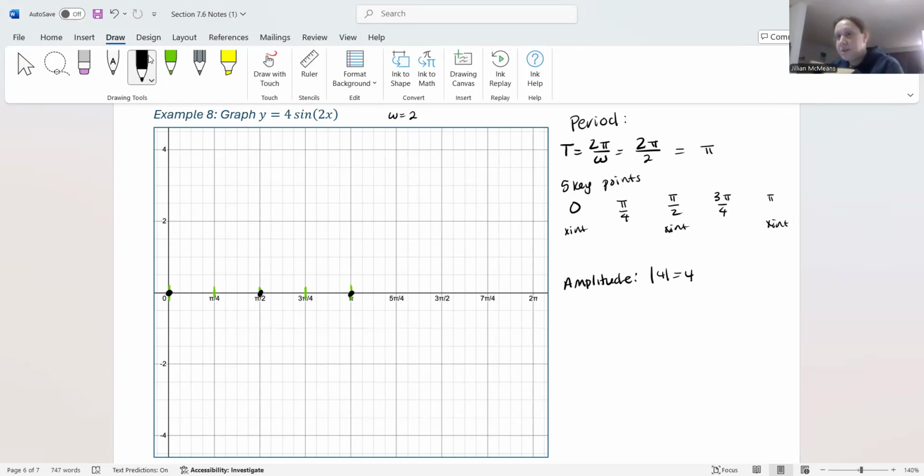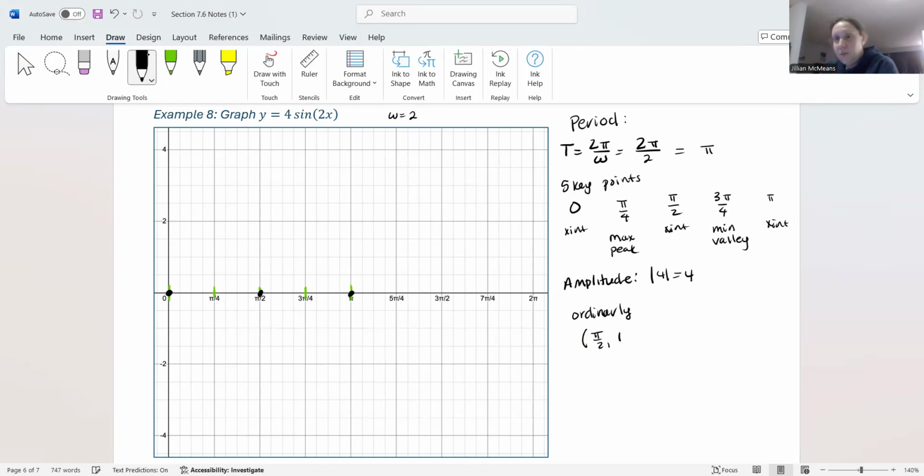So what we need to do is think of the original peak and valley, okay? So we know that this is going to be our max or our peak. We know this is going to be our min or our valley. So here's what I do: I look at what the ordered pair would have been. We know that the range of the ordinary sine function is -1 to +1. So ordinarily, I would have pi over 2 and then comma 1.